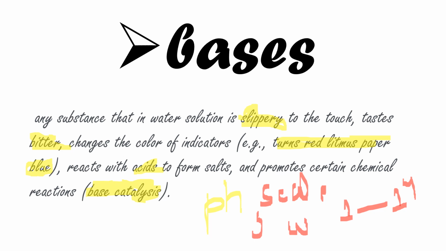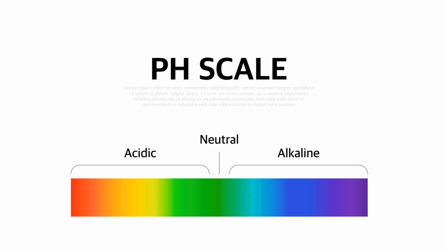Let's have a look at that. So basically this is the pH scale. You can see here there are three distributions: acids, neutral and bases. Neutral are the substances that are neither acid nor alkaline, or base.